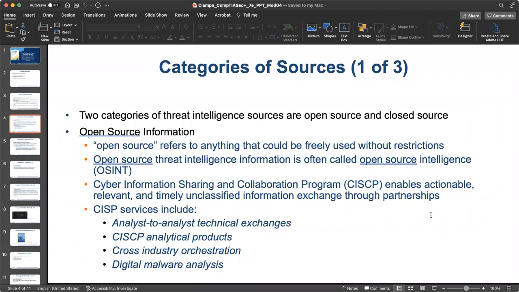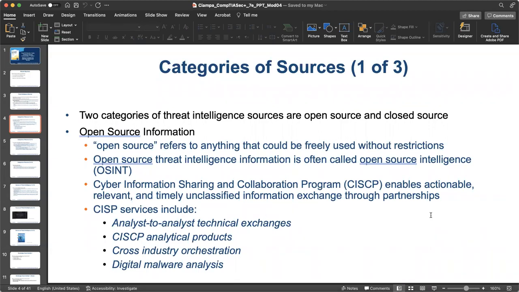The CISCP analytical product, as you can see, is a portal that can be accessed through which partners can receive analytics of the products and the threats already discovered. Also, they provide cross-sector orchestration, so partners can share lessons learned and their expertise with peers across common sectors.